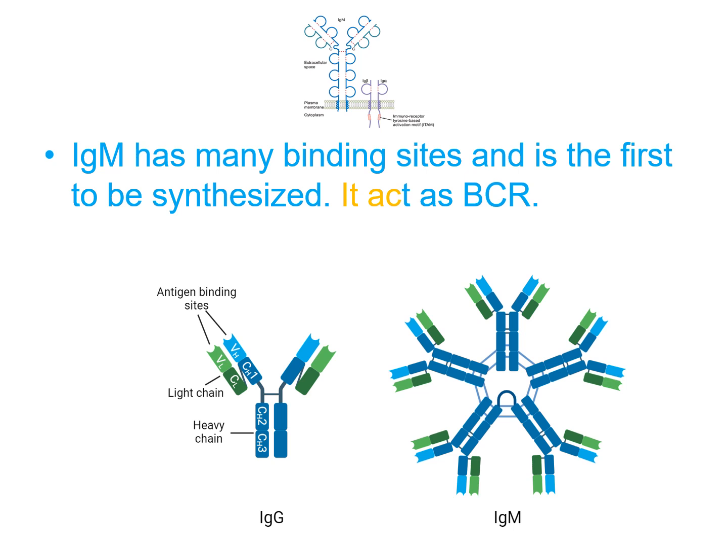Immunoglobulin M has many binding sites. 1, 2, 3, 4, 5 in this picture. I have a side-by-side comparison of G and M. IgM acts as a B cell receptor.